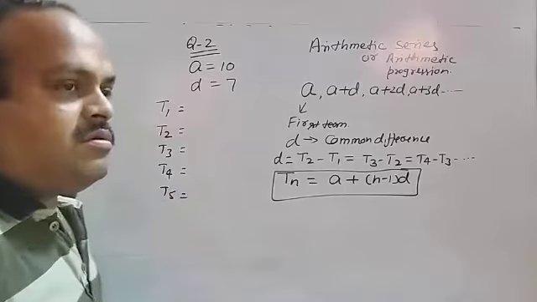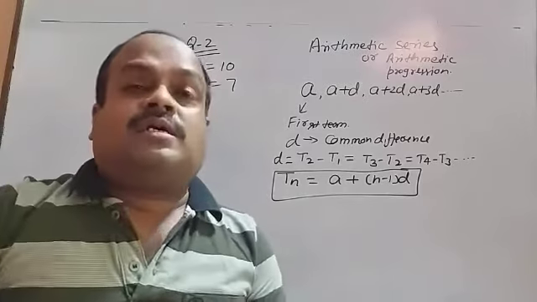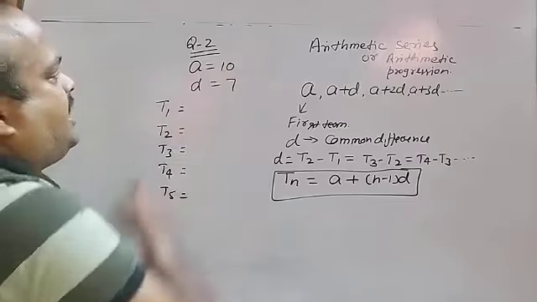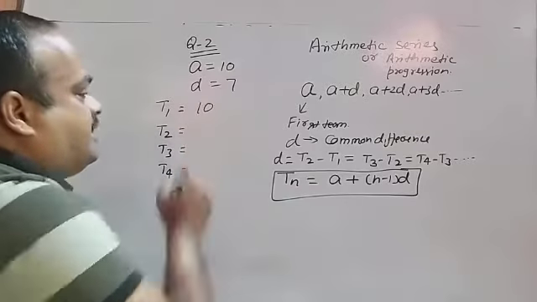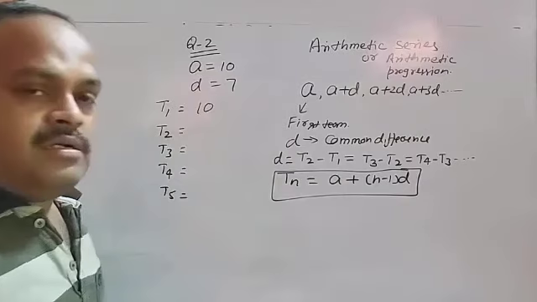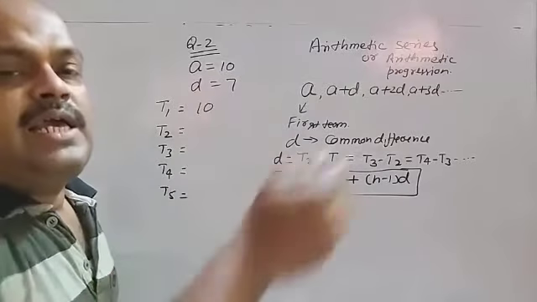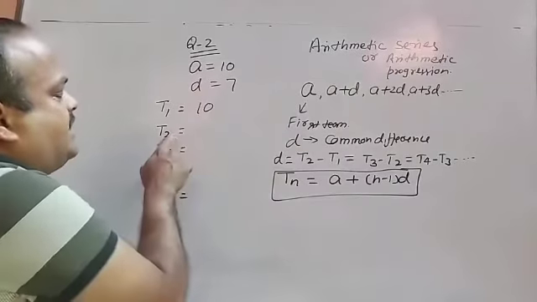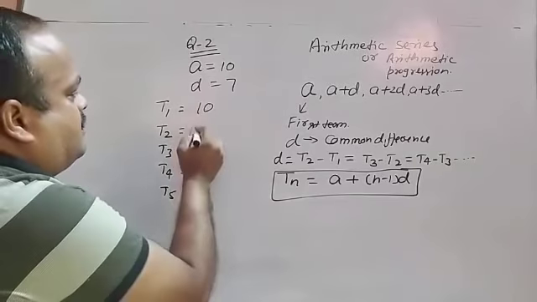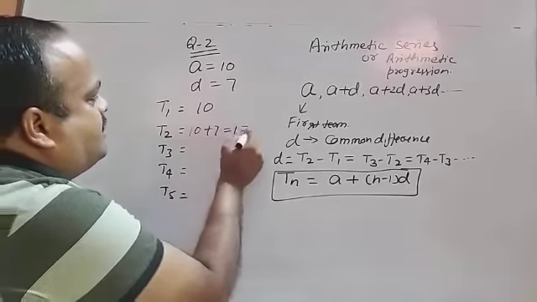What shall we do? We can use a shortcut method. Since the first term a is 10, the next term in an AP will be d more than a. Means to get the second term you can add 7 to this 10. 10 plus 7, 17.